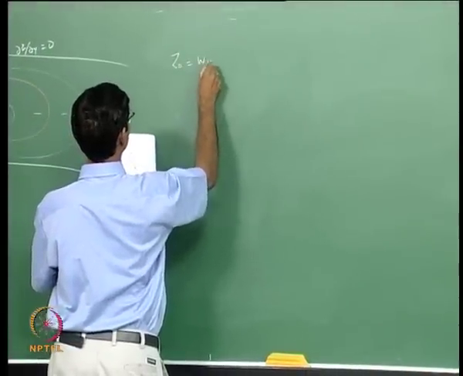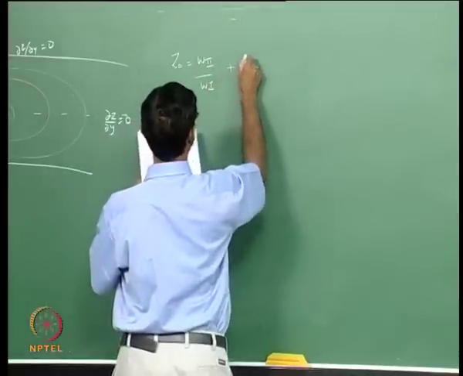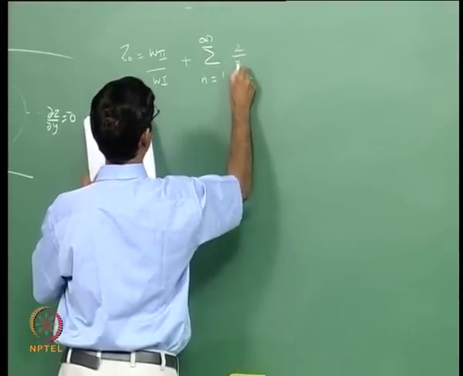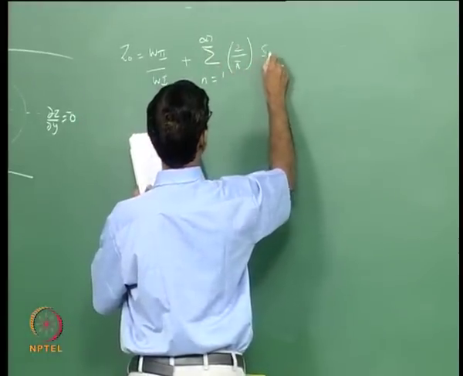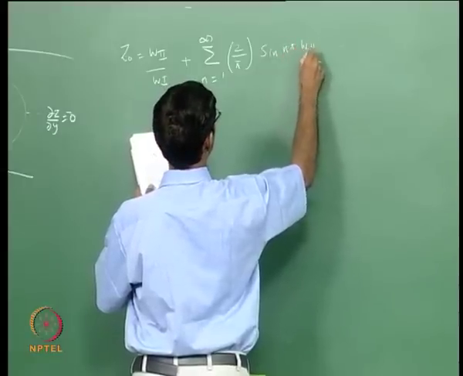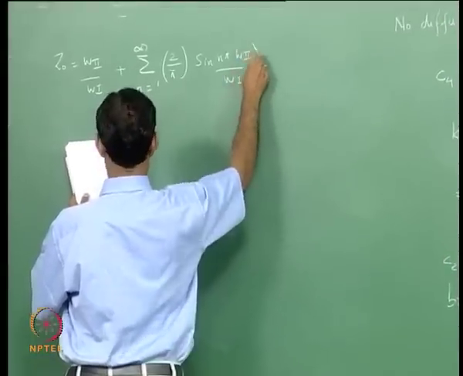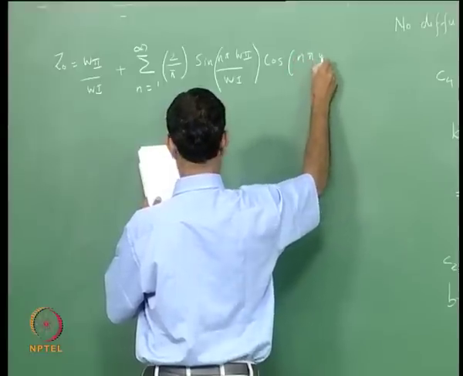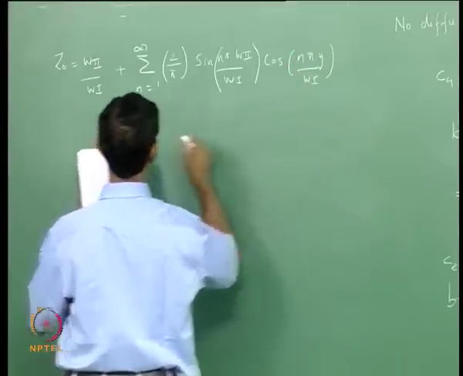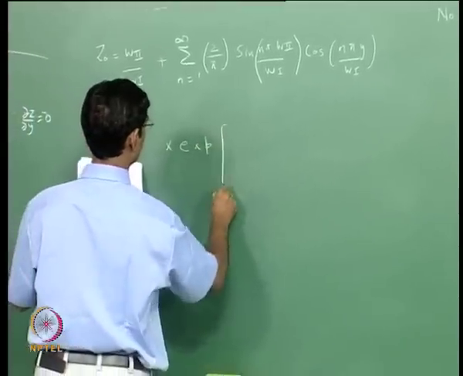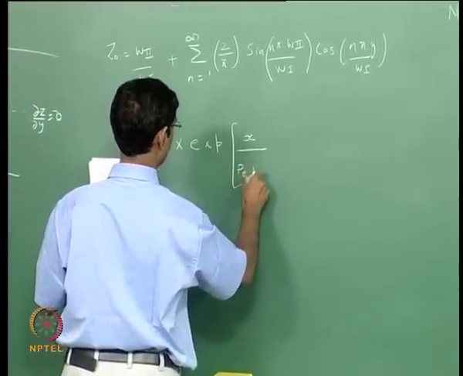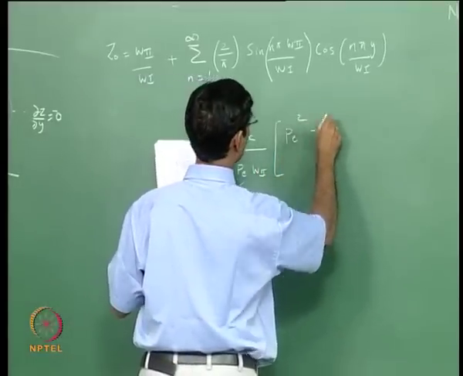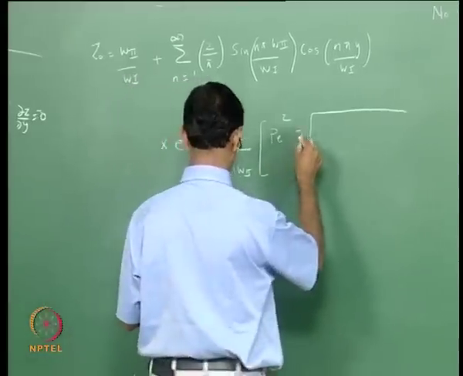Okay. So we will write the solution. This is what I should get. We are taking the beta minus solution.